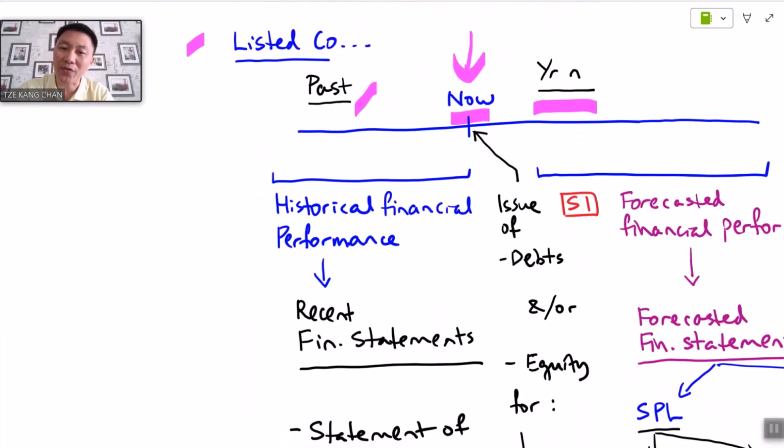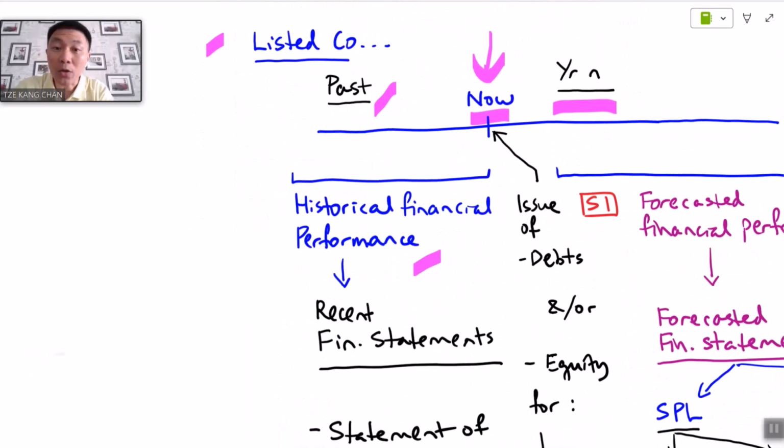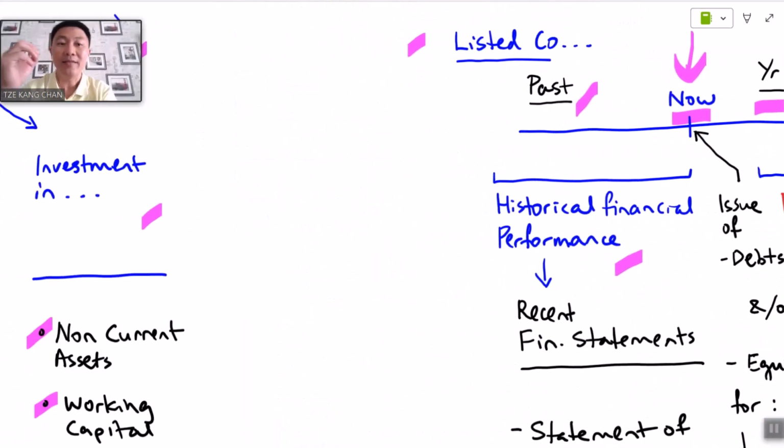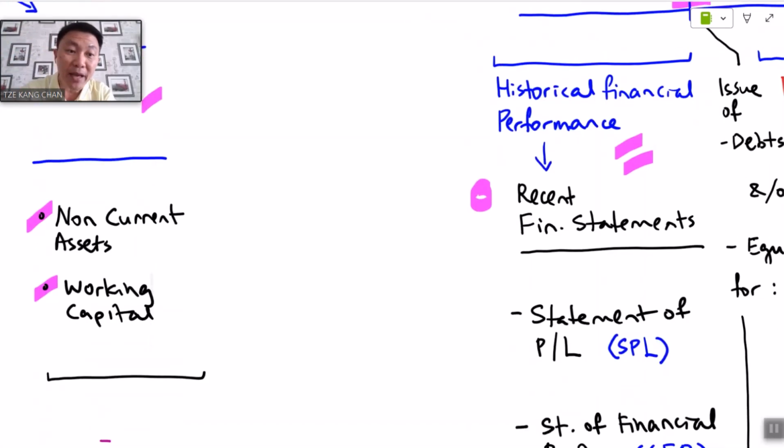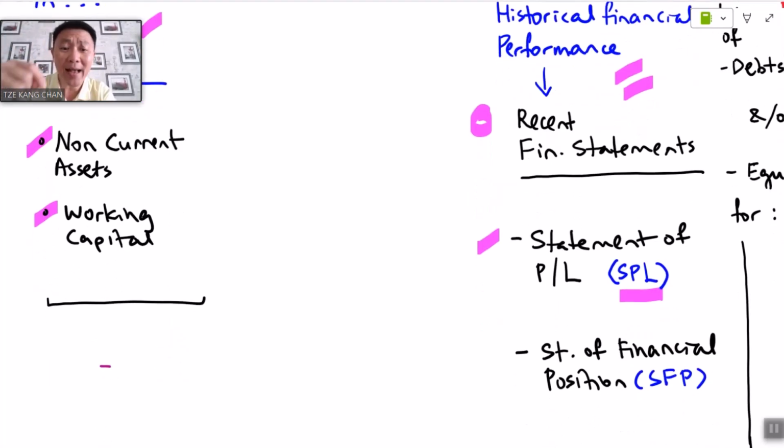Whatever took place in the past is presented by the historical financial performance, reflected clearly in the recent financial statements, mainly made up of the statement of profit or loss, let's call it SPL, as well as the statement of financial position, let's call it SFP.